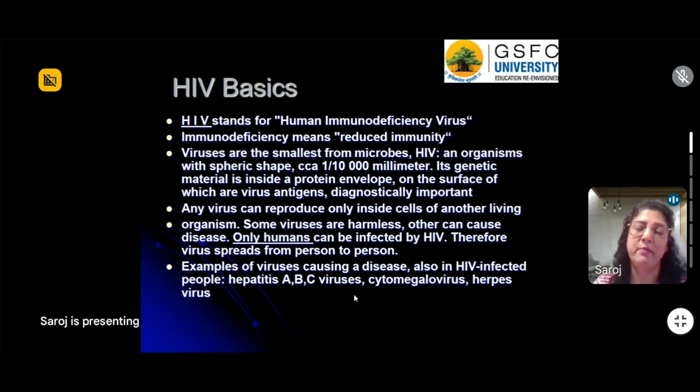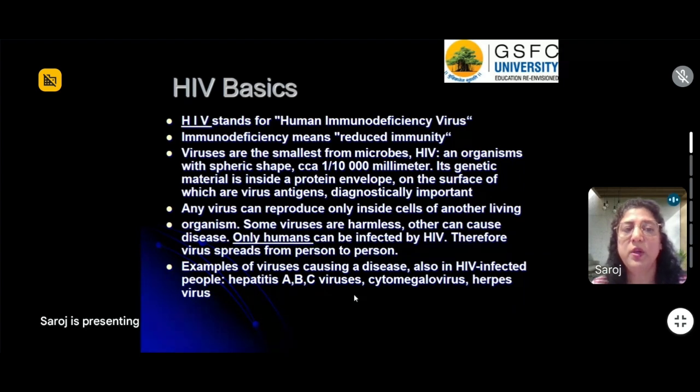So they have to grow and multiply only in living cells. That is why it has been a topic of debate whether they are living beings or non-living beings. Because if they are not inside your cell, they are as good as dead. And once they are inside the cells, they come alive. So this is something which we have been discussing.